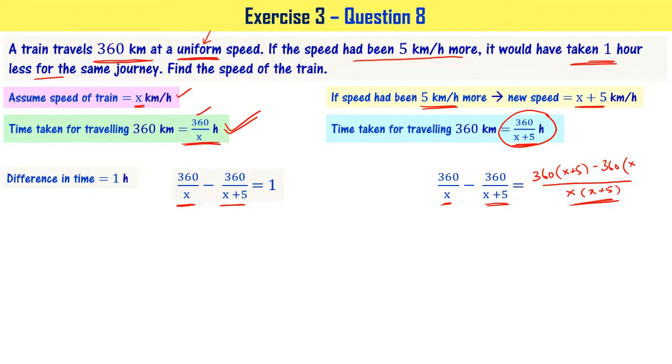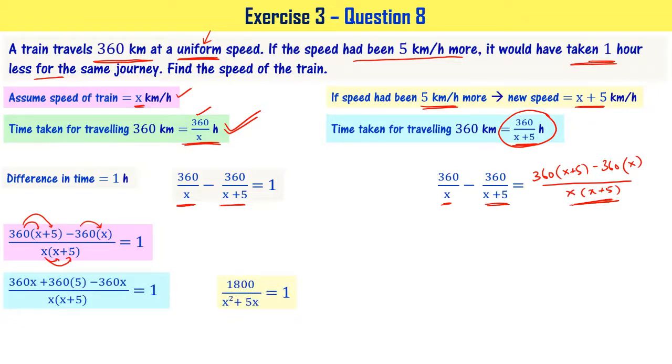When I do that, I'm going to get x. Now we can simplify. This is 360 times x plus 360 times 5 minus 360 times x, right? Divided by x times x, sorry, plus x times 5.